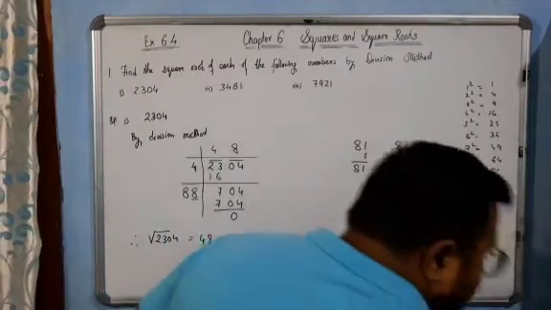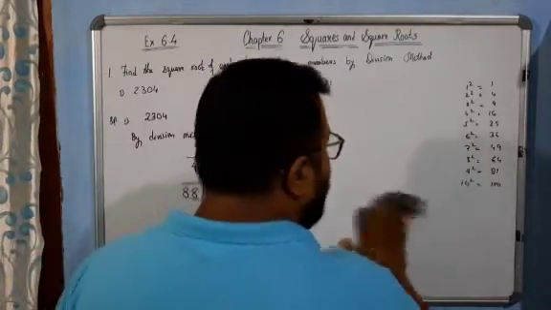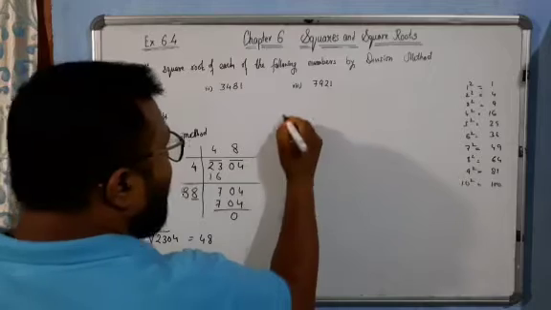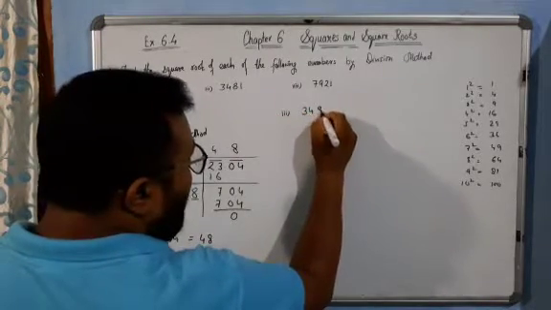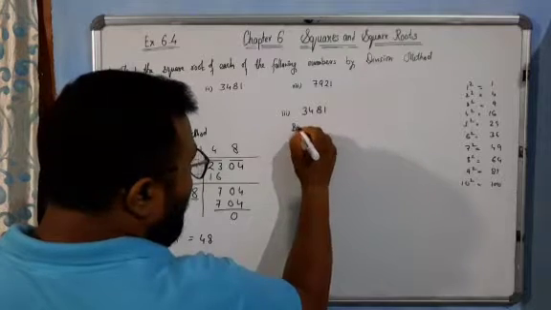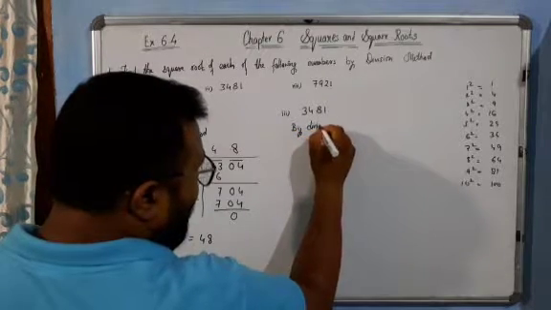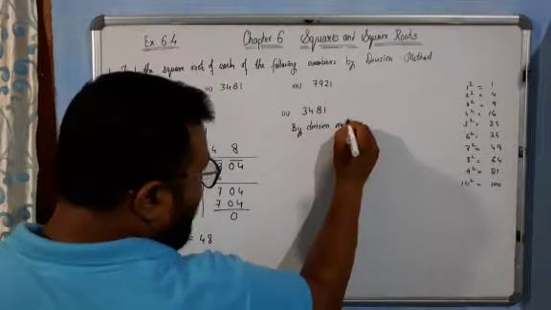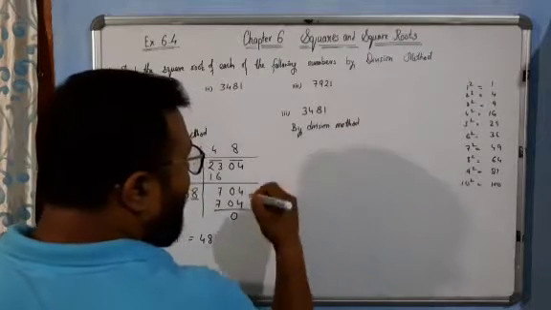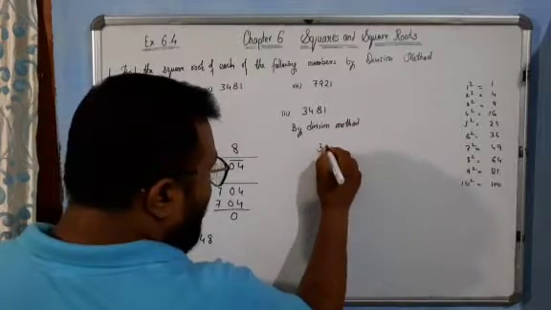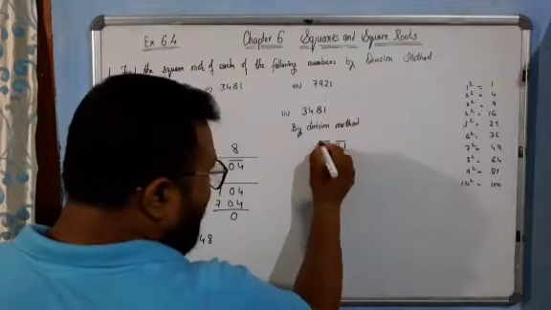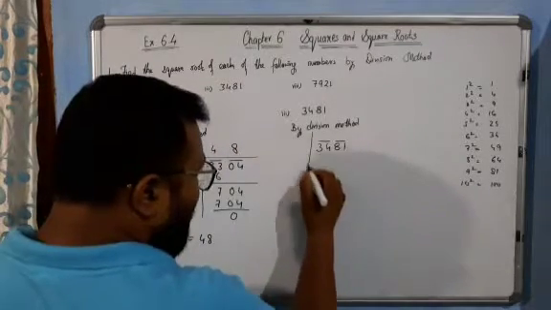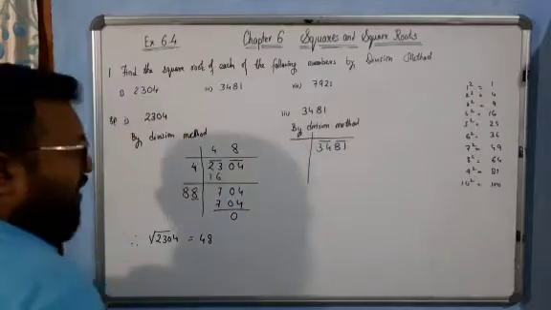Now come to the next question. Let's see, the third one. In the third we have 3481, again by division method. Okay, see here, 3 4 8 1, again we will pair from right hand side towards the left hand direction. This is our division part.